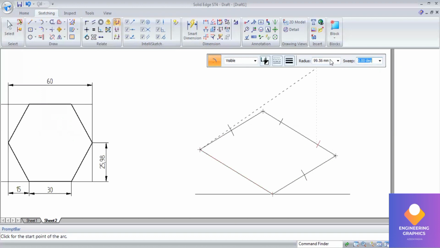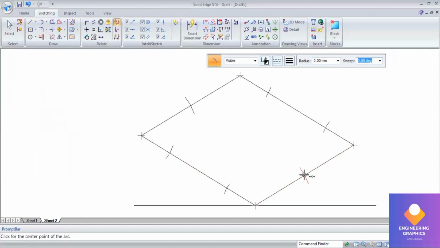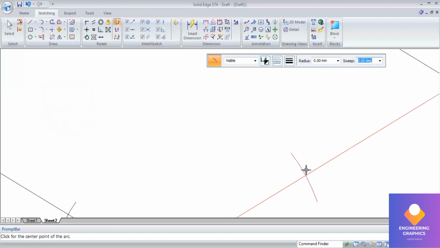Same way from here also. Cut it for 15 mm. Same way you can do it here. Radius of 15. Okay, now go to thick line.